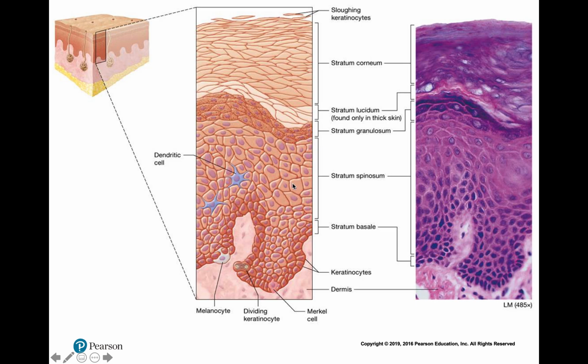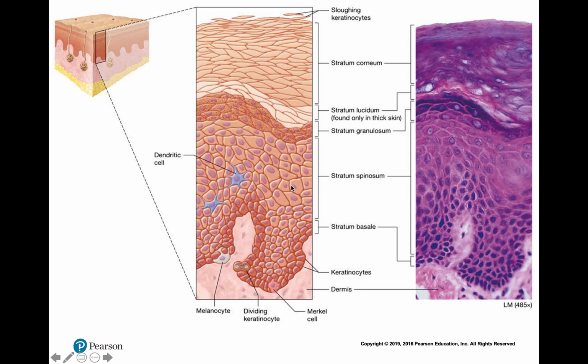The more layers of stratum spinosum we have, the thicker the epidermis can be. And as these cells from the stratum basale migrate up through the stratum spinosum, they'll start to produce more and more keratin. All right, so they produce more and more keratin as they move up through the layers of the stratum spinosum.